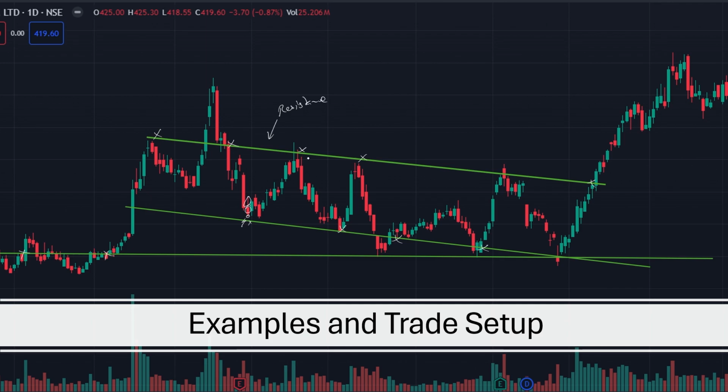Now, when should you take the actual trade? There are a couple of reasons. First, follow the pin bar. Second, it should always be near the resistance or the support. Third, always look for a confluence strategy. A confluence strategy is basically when you have more than one reason to trade.